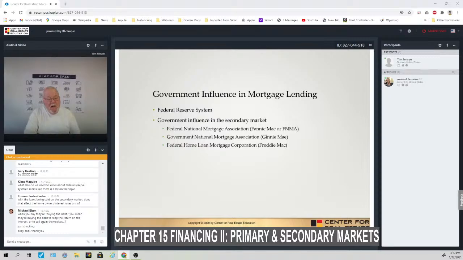Then there's Ginnie Mae, the Government National Mortgage Association. Ginnie Mae sells pass-through certificates to investors and then uses the money to buy low, moderate, and high-risk mortgages: low income, moderate income, and high-risk mortgages.